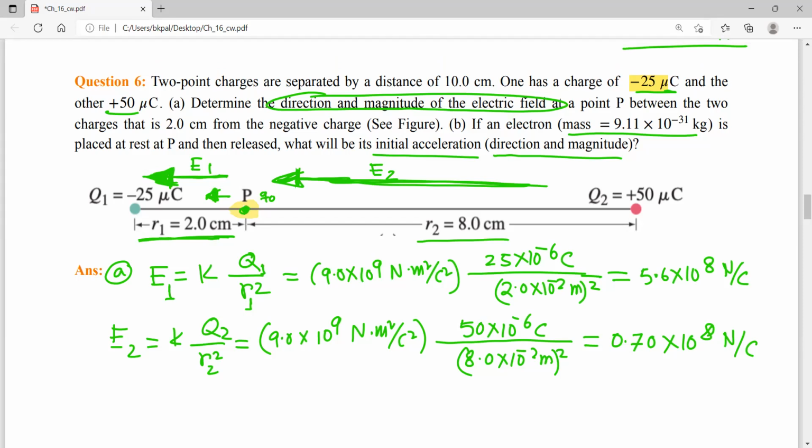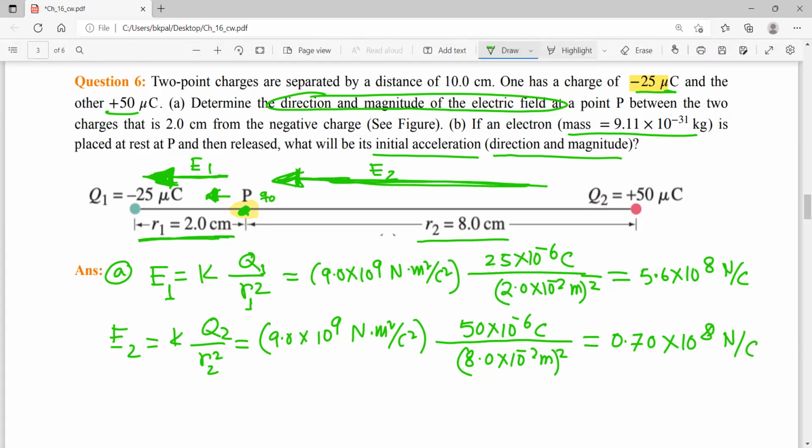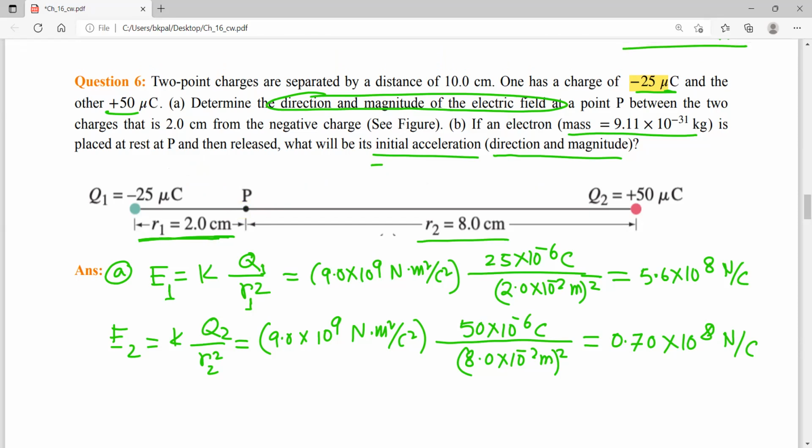Okay, so now you can determine the direction in two different ways. One is by knowing the electric field line for a positive or negative charge. Okay, and the second one is placing a test charge here at point P, and then determining individually how it travels. Okay, so yeah, let me do it again to make it clear.